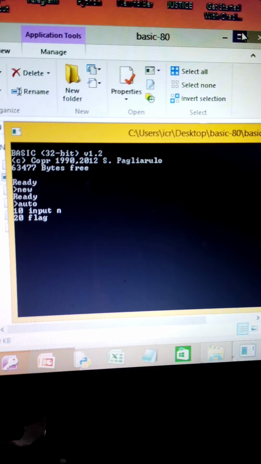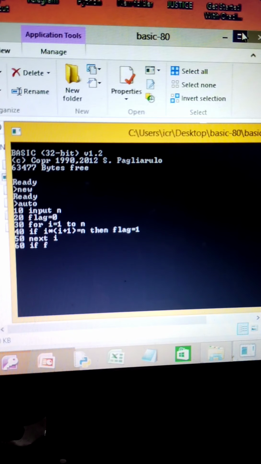We'll make flag equal to 0, and we'll run a loop for I equal to 1 to n, and we'll check if I into I plus 1 is equal to n, then flag will turn out to be 1. Next I.